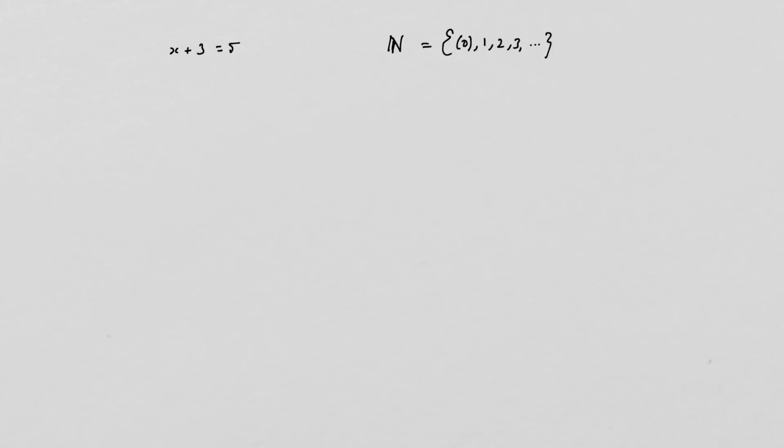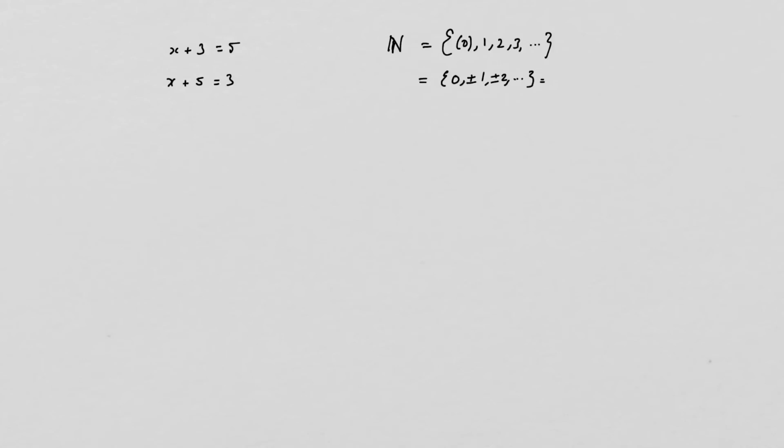But if we had x plus 5 equals 3, and the only numbers we had were the natural numbers, we cannot solve that, because we would need x to be minus 2, and we don't have those numbers. So what we can do is expand the set of numbers that we're dealing with, and we could say we've got 0, we've got plus or minus 1, we've got plus or minus 2, etc.